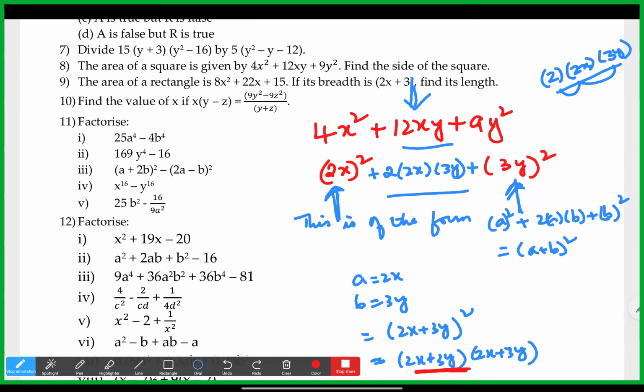So here first we should check whether this can be written in the form of a minus b whole square or a plus b whole square in this way. First, if you observe, 4x square and 9y square are a square and b square, I wrote them first. After that, I checked 2ab in the rough space.